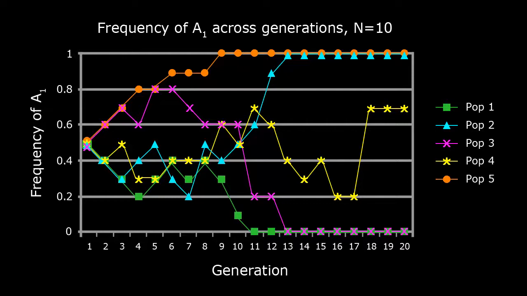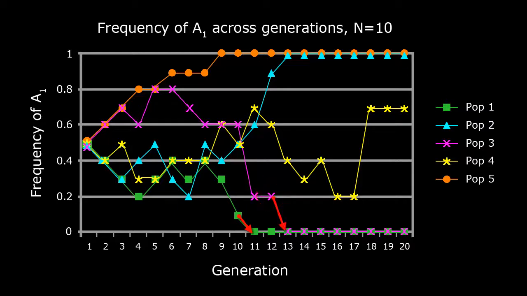And what do you notice? Well, first of all, if you look at the overall graph, you see that there's a lot of scatter here. These populations are behaving very differently. The frequency of A1 is kind of all over the board. I think more importantly, if you look at some populations, like population number 1 and population number 3, you see that in fact they go extinct.